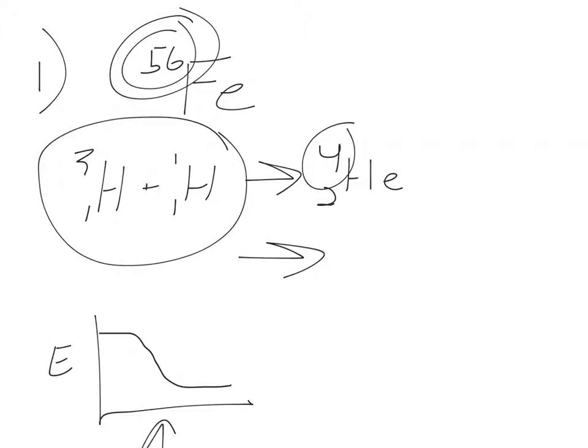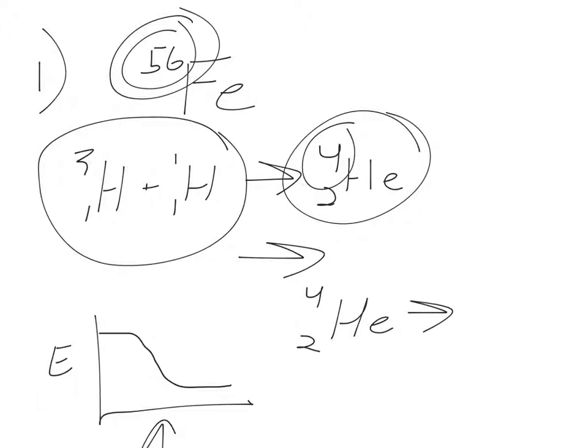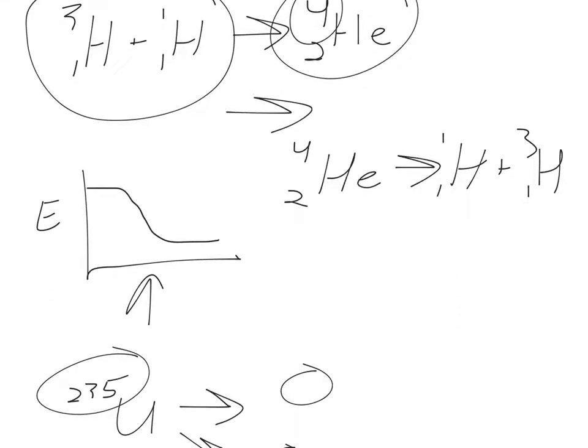Now that's not to say you can't go the other way. For instance, let's look at a helium atom. If helium can, this is completely possible, split and form a hydrogen and a tritium. That process happens. You could do this with a particle accelerator and split apart a helium atom.